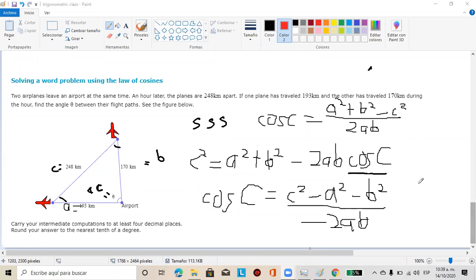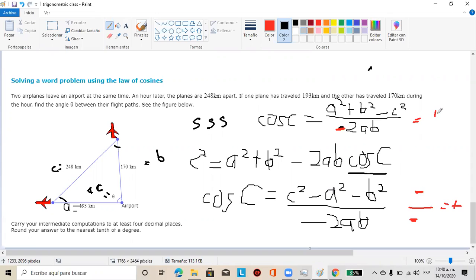Yeah, it's the same because if you don't have a negative symbol here, this will be the opposite, because C squared is subtracting A and B. If you solve it this way, C squared is bigger, so it's already smaller than A and B. So you will have a negative part over another negative part, and this will be positive.